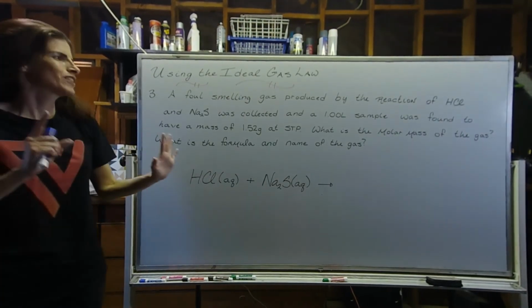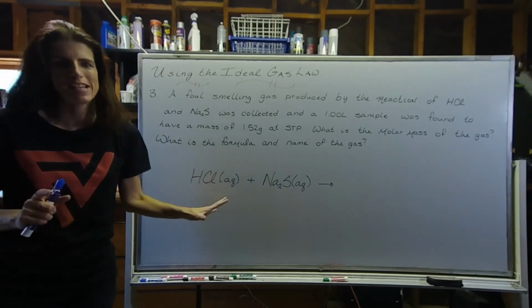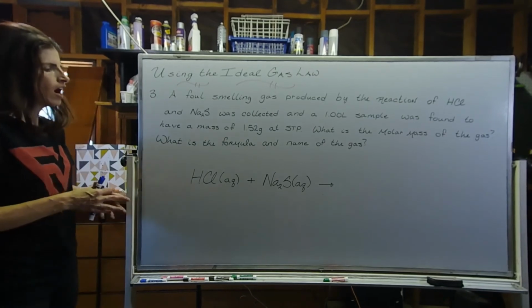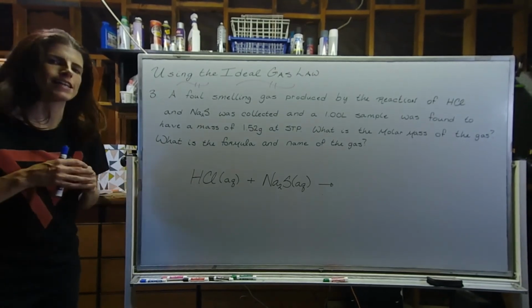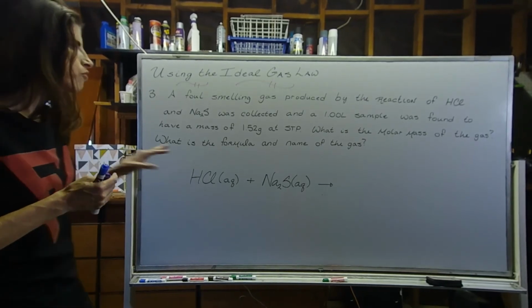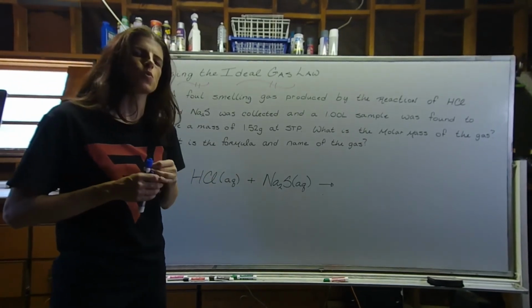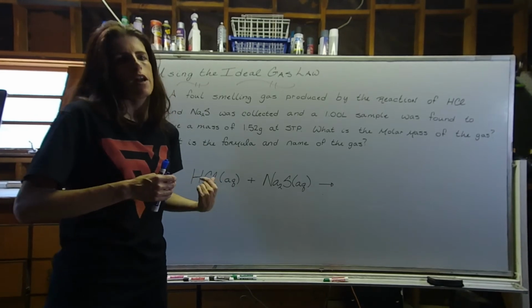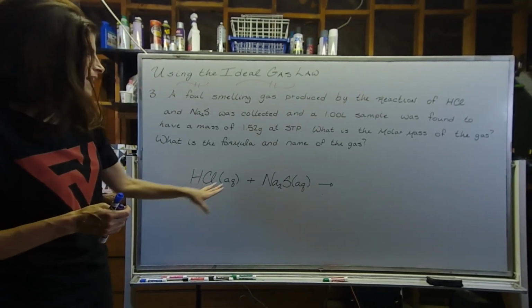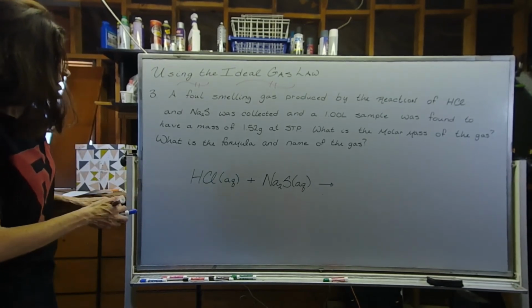Alrighty, so this problem must have been a test question at some point. It is such a cool problem. It's got this throwback aspect to it where in order to find the formula and name of the gas, we have to consider the products of the double displacement reaction between hydrochloric acid and sodium sulfide.